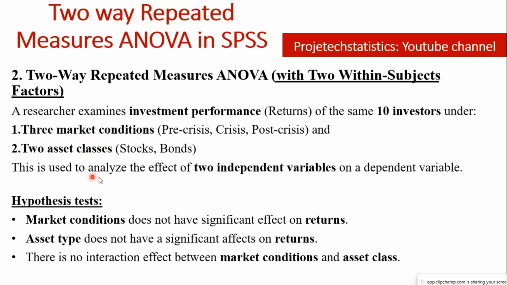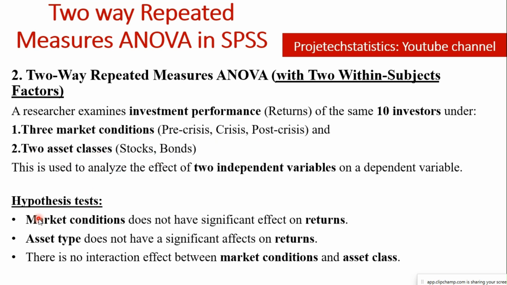Here we have two independent variables. For you to perform two-way repeated measures ANOVA, you must have two independent variables, which are market conditions with three levels, and asset class with two levels.